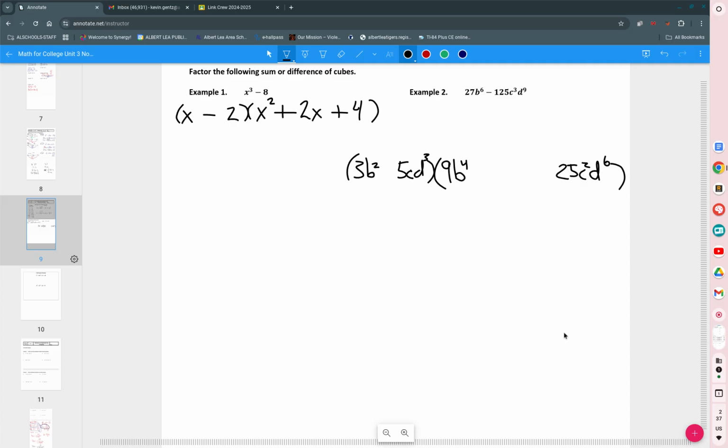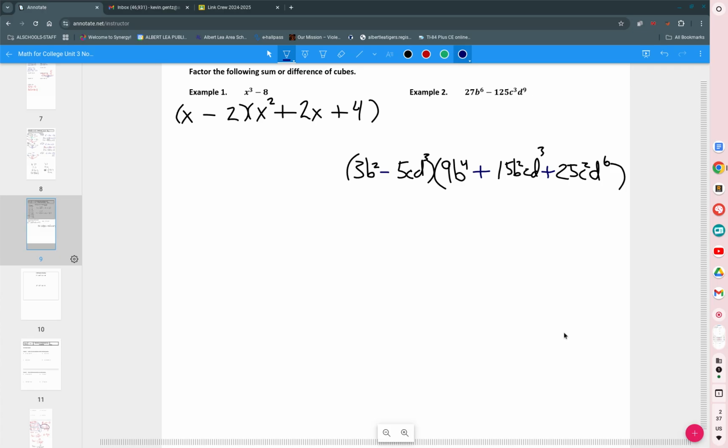And then if we multiply these two together, we get 15b squared c d cubed. And your signs will be? Minus. Plus. That's that. Sum and difference of cubes.